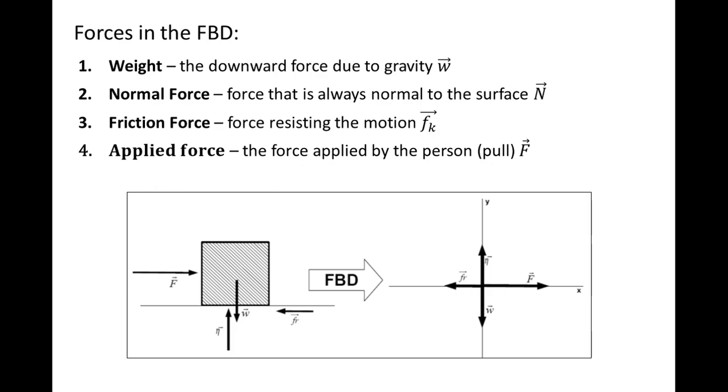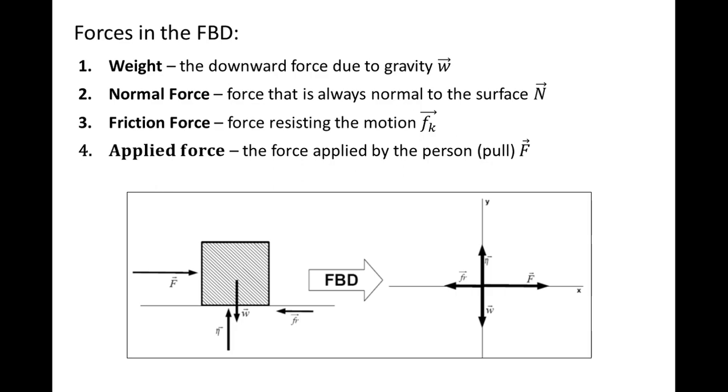The normal force is the upward force, which is always normal to the surface, and in this case the surface is perpendicularly horizontal. So the weight and the normal force are exactly opposite in direction, and since they have the same magnitude, they cancel out.